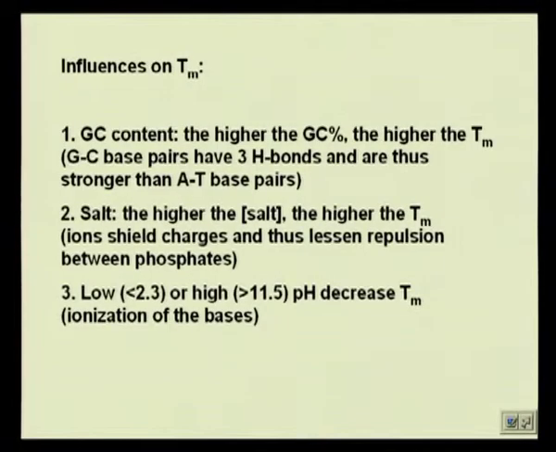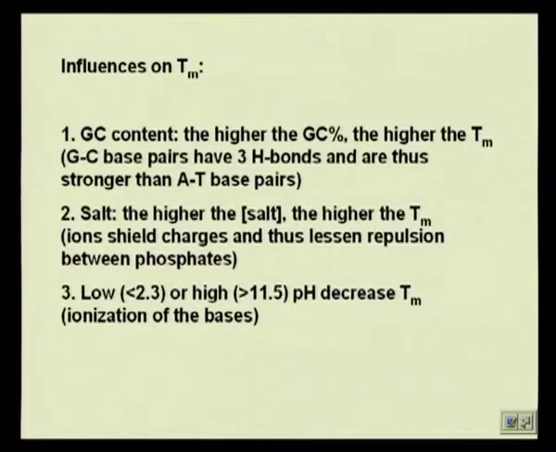When you have pH, what is going to happen when you have different pH? At low pH, what are you doing? You protonate the bases. As you protonate the bases, what is going to happen? You are disrupting the hydrogen bonding, right.